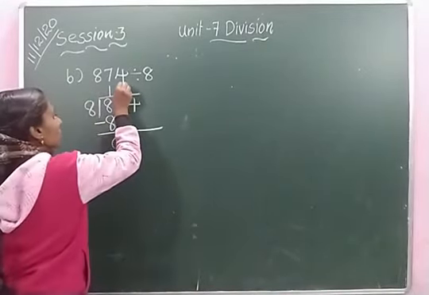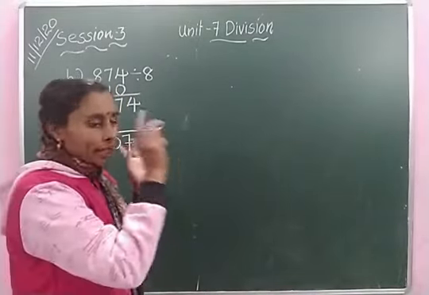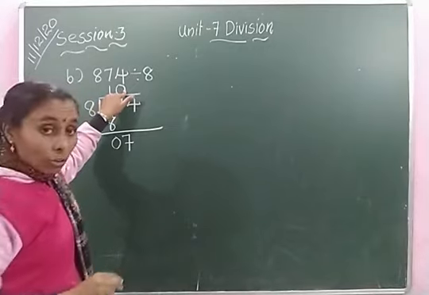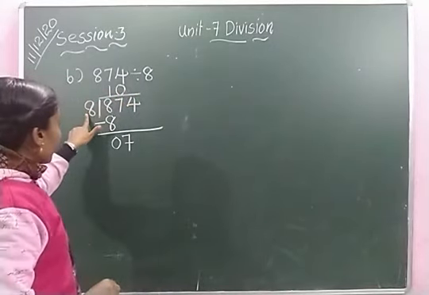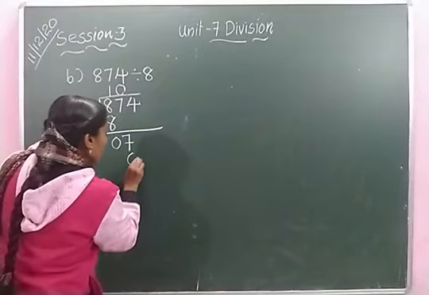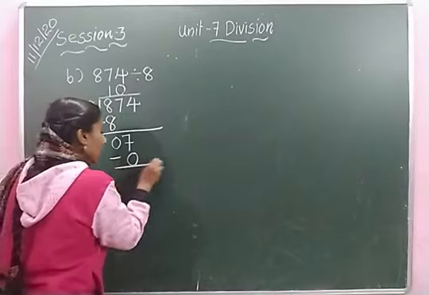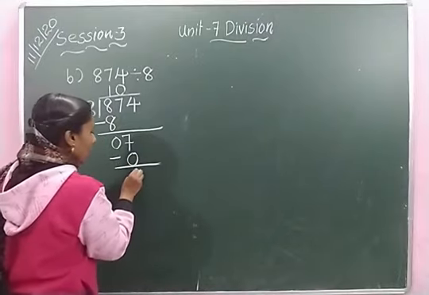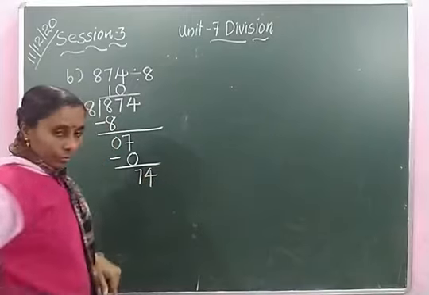So we put 0 on the top. Many children forget this step. 0 we have to write on the top. Then do the multiplication, 8 multiplied by 0 is 0. Then do the subtraction, 7 minus 0, 7. Then we have to take the next number down.